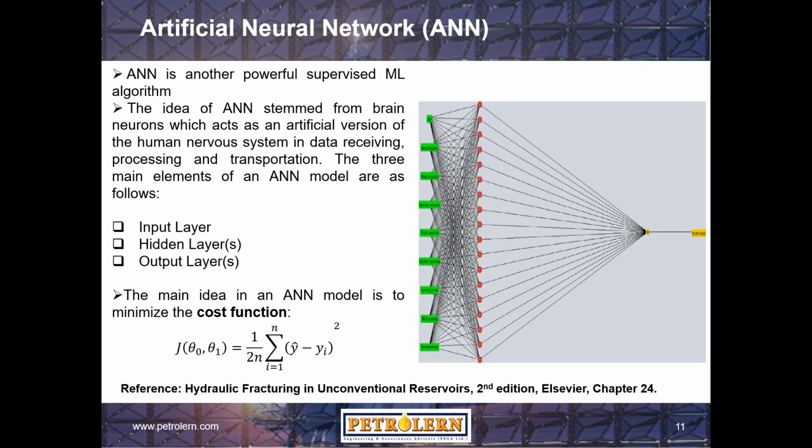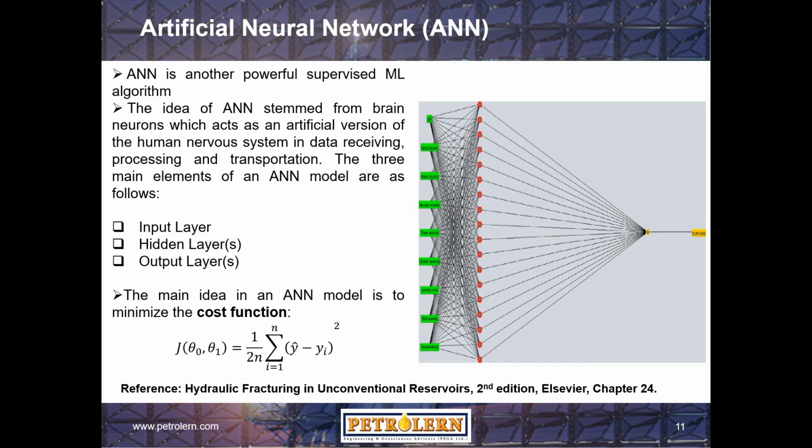But the idea in a support vector machine model, which is just a different type of machine learning algorithm, is to maximize a margin, and that margin is basically the difference between those support vectors that I showed you and that separating hyperplane.